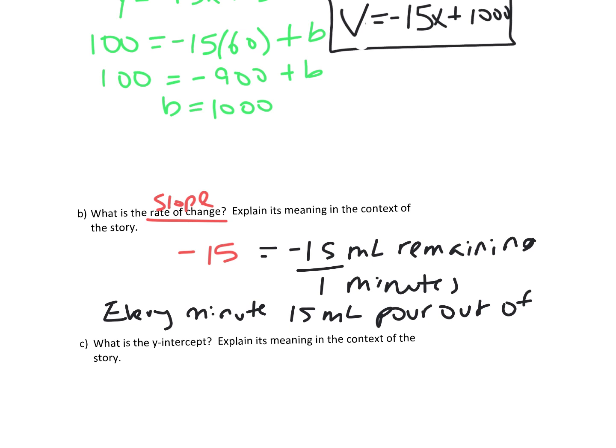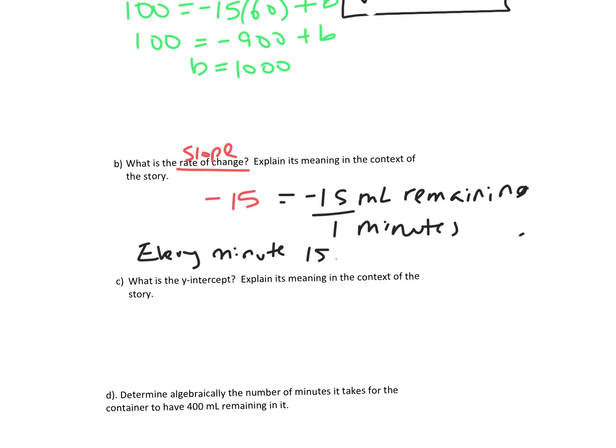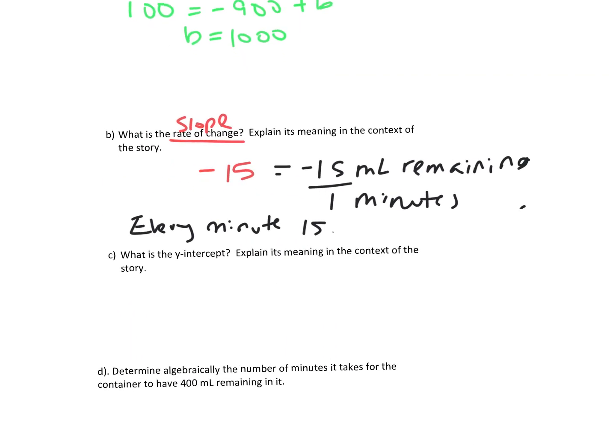That's what it means that it's negative, the amount of water remaining. Actually, sorry, I'm going to change that. 15, because it's water remaining. 15 fewer milliliters remain, or you could say pour out.